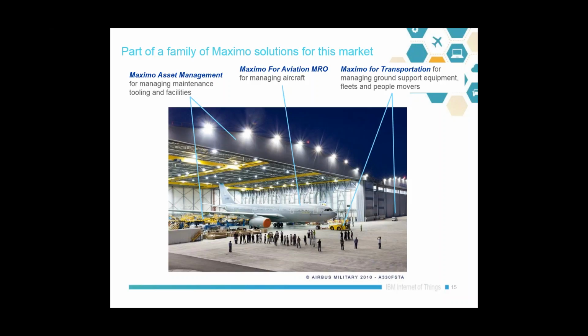For an organization that also wants to manage its people movers and ground support equipment, Maximo for Transportation fits very well, and there are unique capabilities that come with it, like changing the oil and tire rotations, all built into Maximo for Transportation. You would purchase that to handle those aspects of your airport.